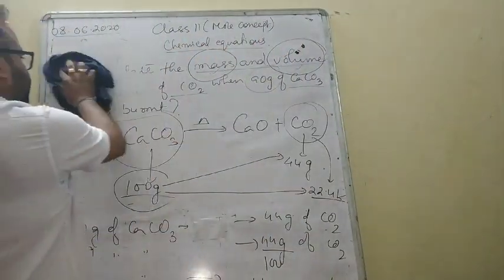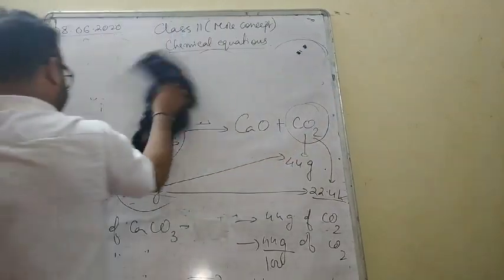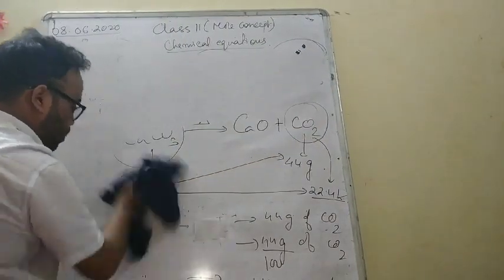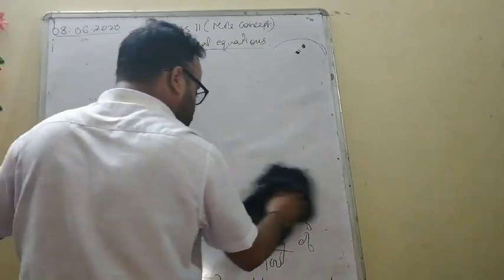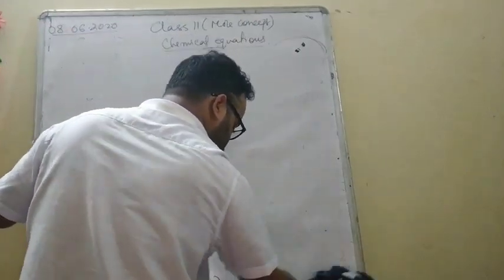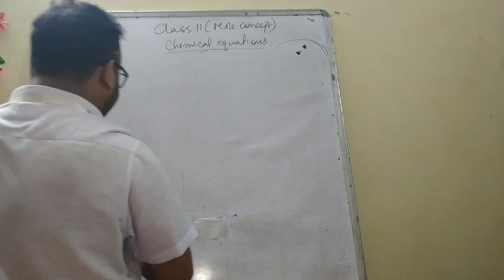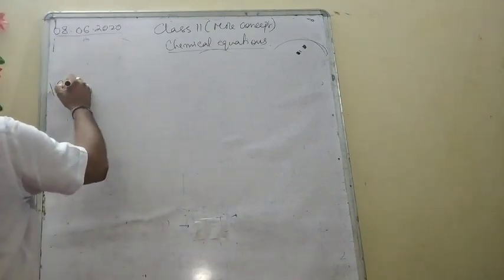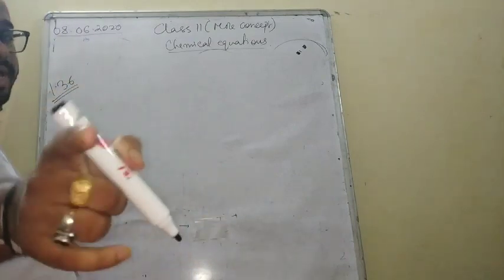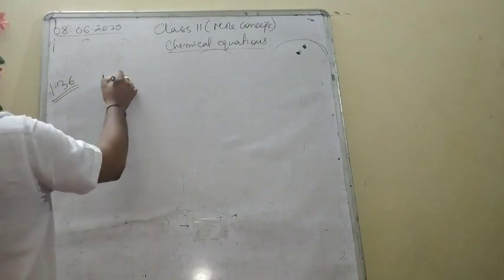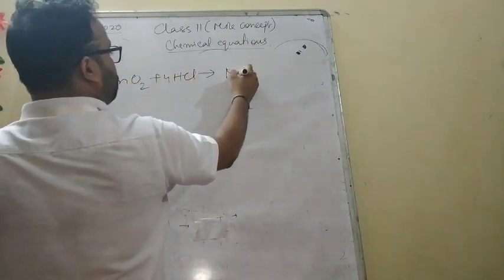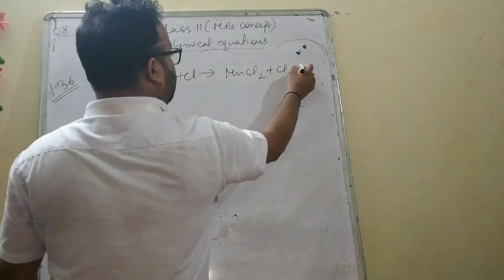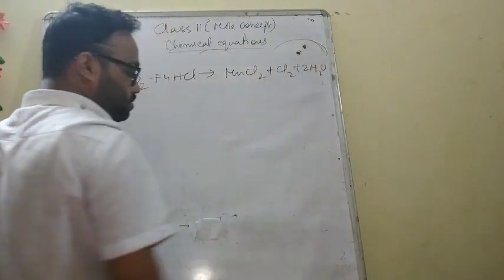Now in your exercise, students, I guess, at the last question, that is 1.36: MnO2 plus 4HCl gives you MnCl2 plus Cl2 plus 2H2O. Okay?